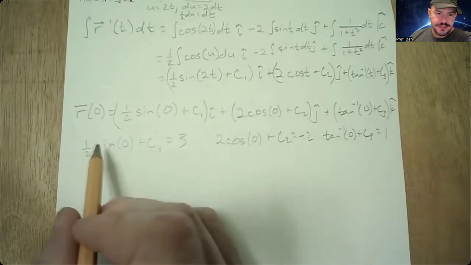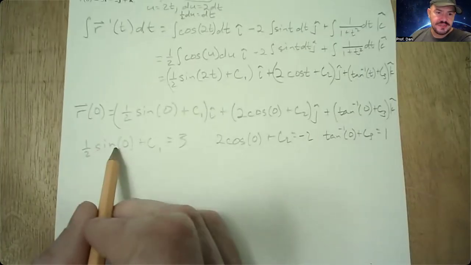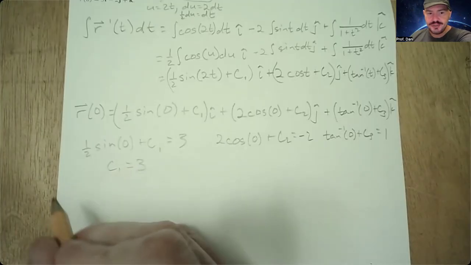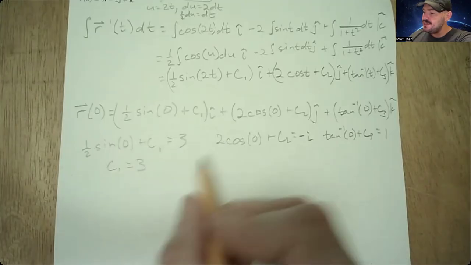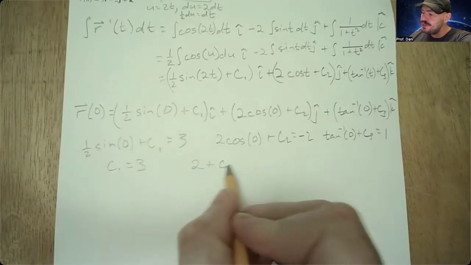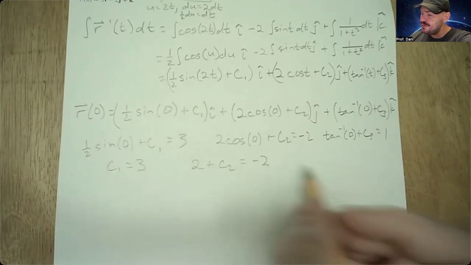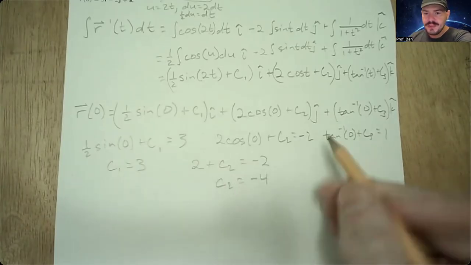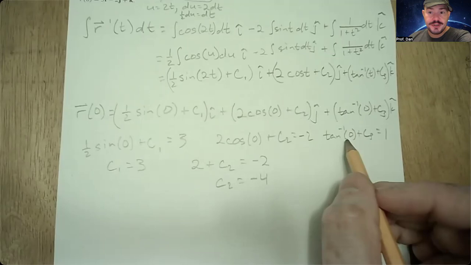So if I solve these equations, first, sine of 0 is 0, so I'm automatically going to know that c1 is 3. Cosine of 0 is 1, so I know 2 plus c2 is equal to -2, which means that c2 is -4. Lastly, arctangent. Remember how this one works.